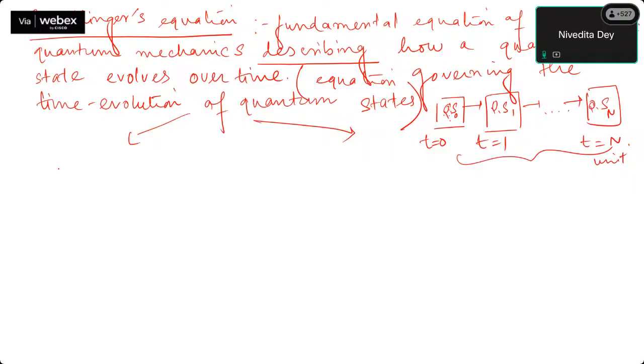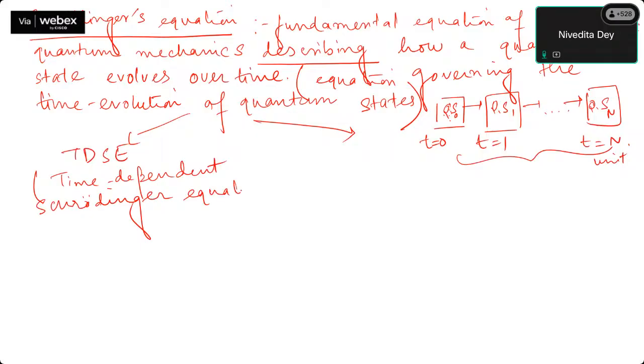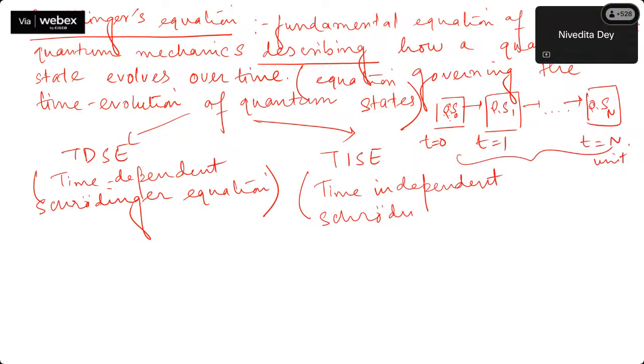There are two different types of it. One is the TDSE, or the time dependent Schrödinger equation. Another one is the TISE, the time independent Schrödinger equation. There are a lot of terms and equations, so let me write that.